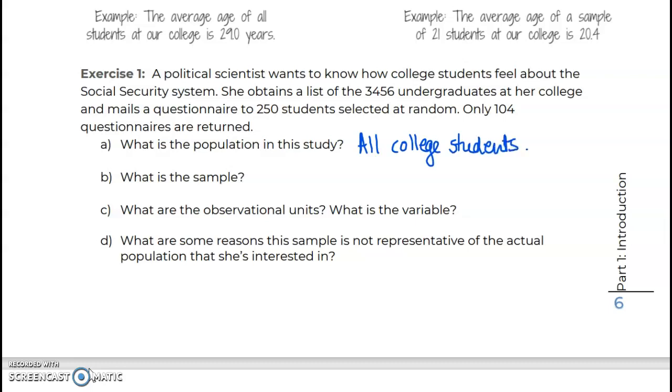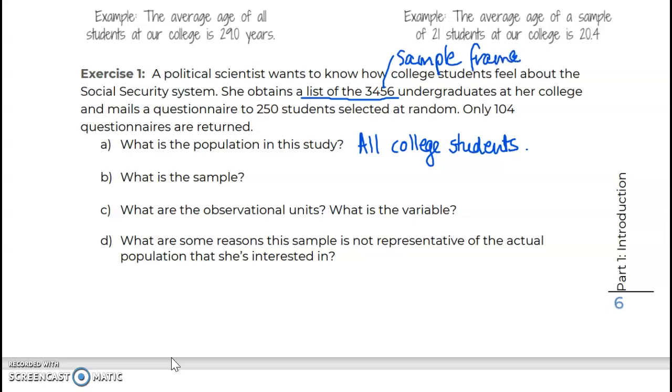Next, we look at what is the sample. This is where we have to be a little careful. Let's look at all the numbers that are stated in the question. First of all, she obtains a list of 3,456 undergraduates. This is what we call our sample frame. This is where she picks her sample from.